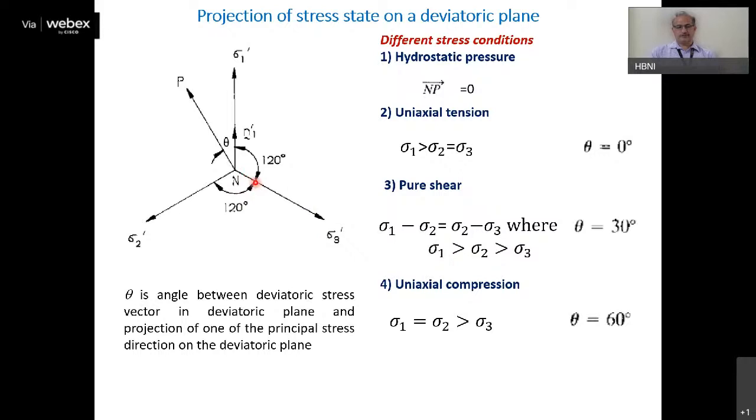In this case, the theta angle will be about 30 degrees. Whereas if you apply uniaxial compression, it will be similar to this case, where your 1 and 2 components are equal and the third component is slightly lower than this. Here, this corresponds to theta equal.